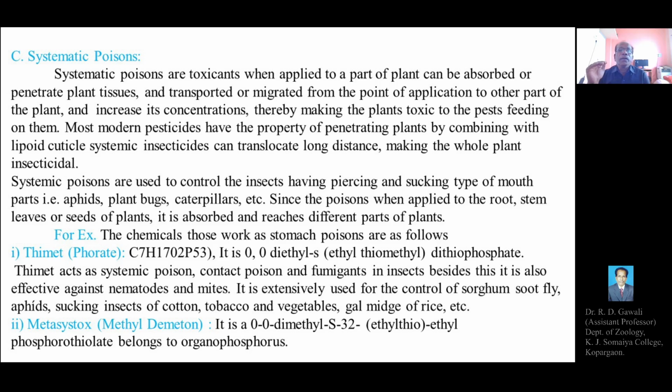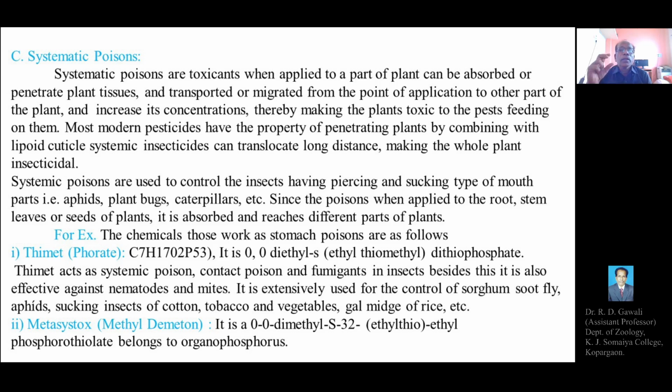These are systemic insecticides. The lipoid cuticle is also present in the insect pest. These poisons have properties by which they can penetrate into the plants, and they can also penetrate the lipoid cuticle of the insect pest, and so can pass the systematic poison into the insect body also.